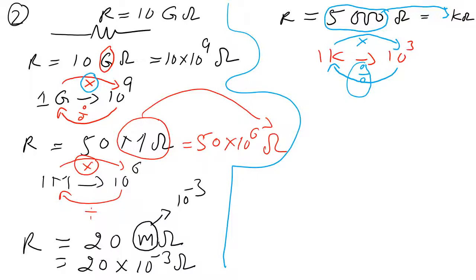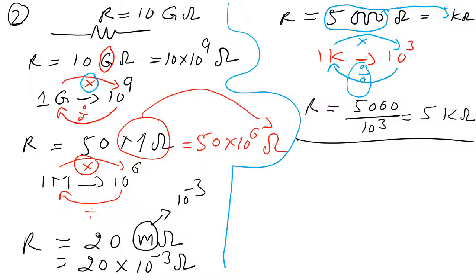Now this R is equal to 5000 divided by 10 to the power 3, and after the calculation it will come 5, and this is kilo ohm. So the same thing we can do for mega ohm and the giga ohm, for any unit we can go reverse.